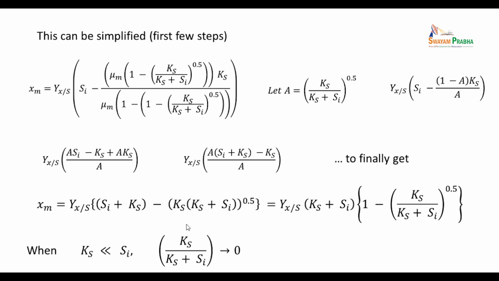Now when Ks is much less than Si, we saw that this term tends to 0, the denominator can be replaced with Si, and the denominator is much larger than the numerator, therefore it will tend to 0.